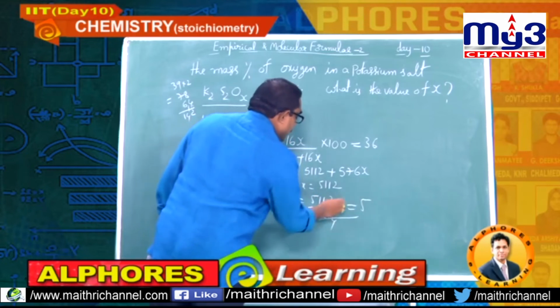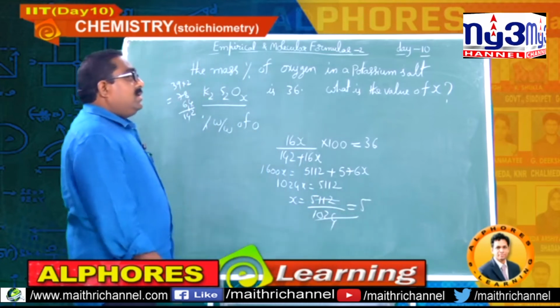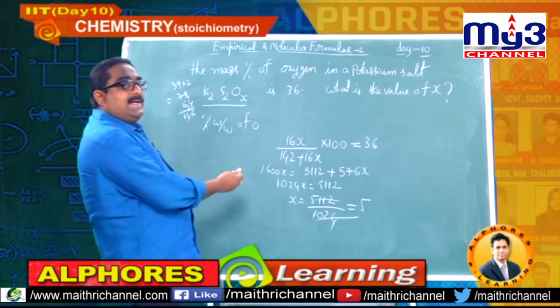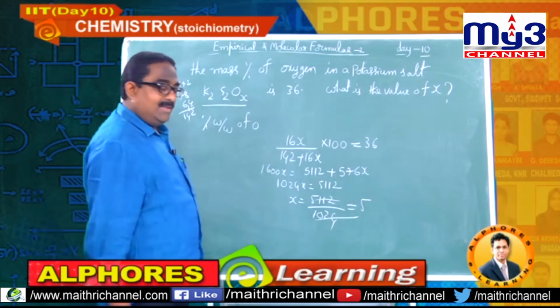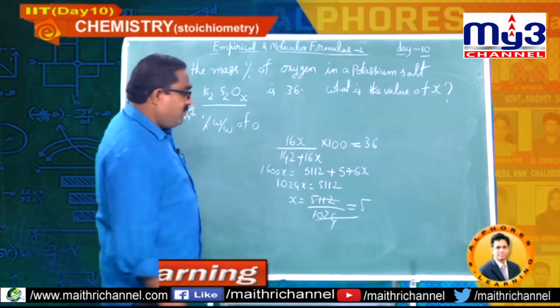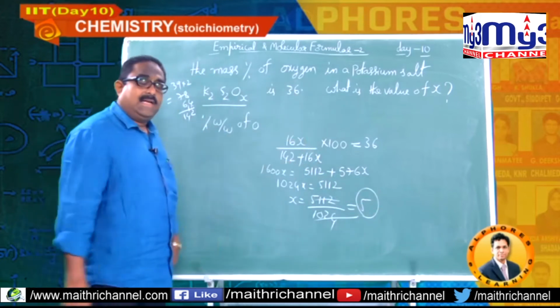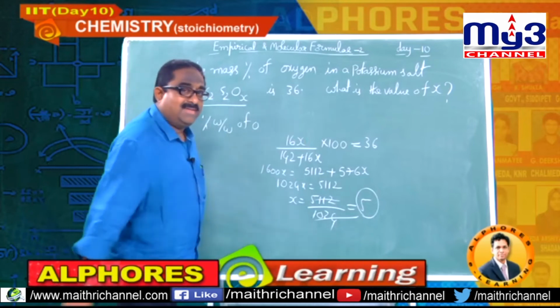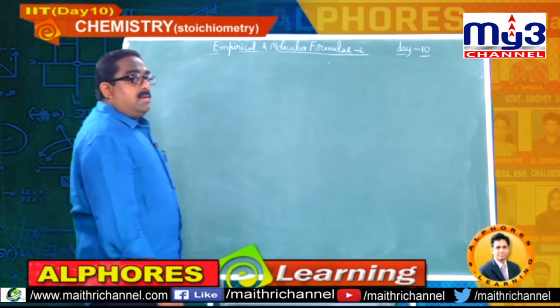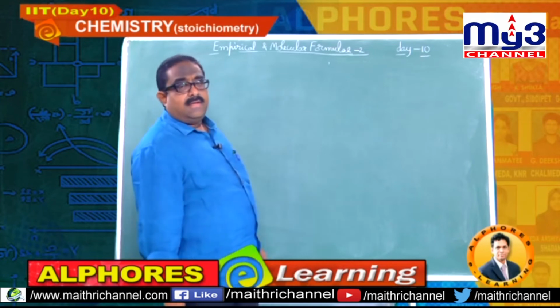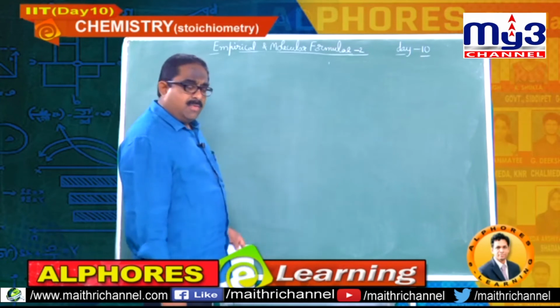This is 5. So this is an integer type question, and you get the answer as 5. You can set this question as integer type in the advanced paper. Okay, students, let us go through the next numerical.